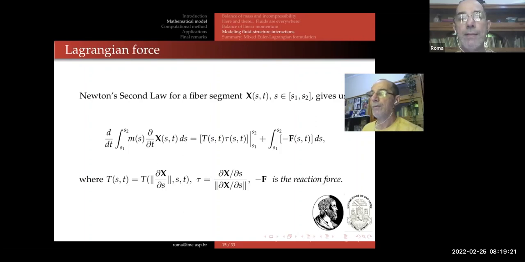The forces at the ending points are the tension forces, which is a force strength in the direction of the unit tangent vector, okay? And also all the forces that act at every point between the tips, the ending points.